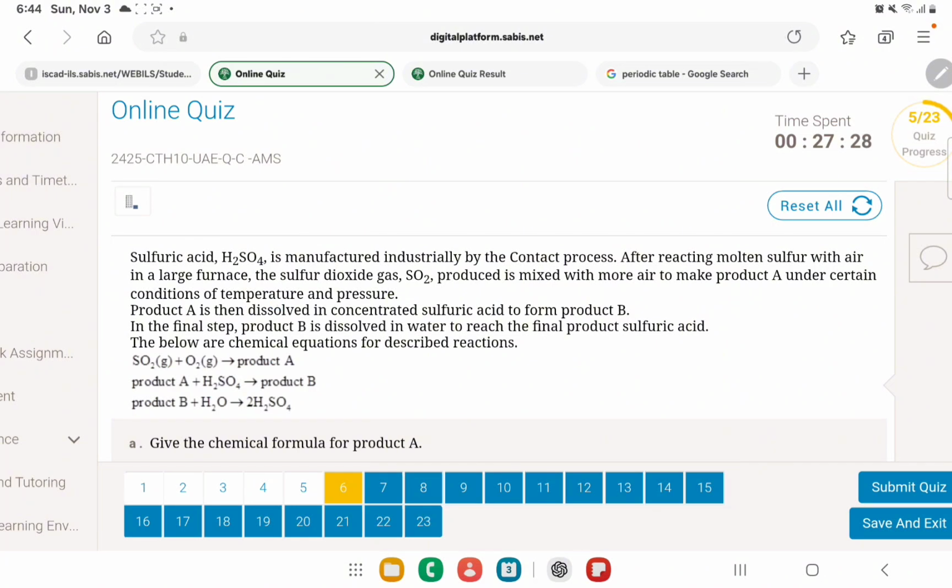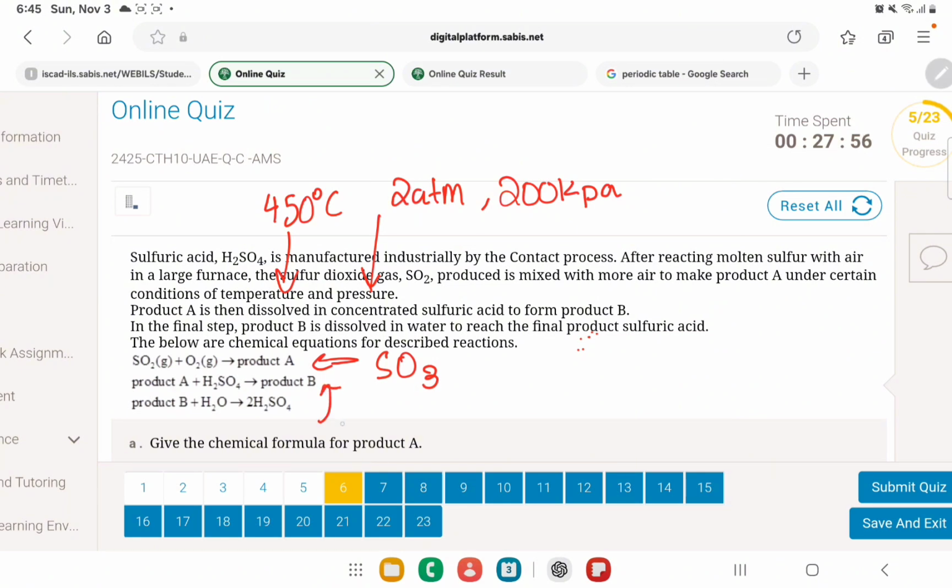We know that temperature is always 450 degrees Celsius, and pressure for the contact process is 2 atm, which is 200 kilopascals. Okay, and product A would be SO3, product B would be H2S2O7, and yeah, that's all you need to know.